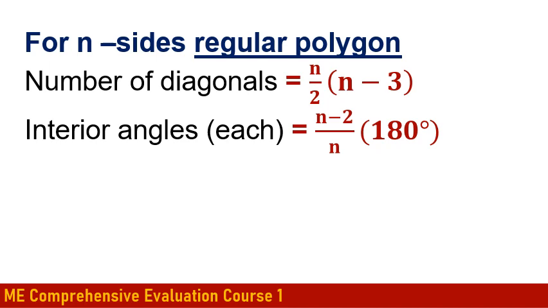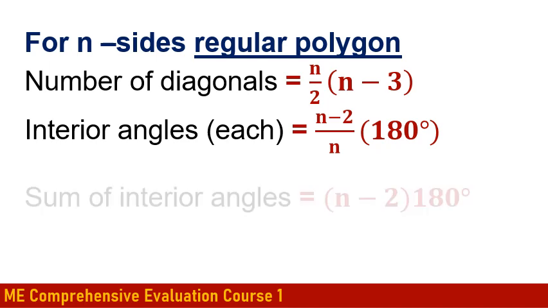Say for example, for a square again, when you substitute 4, we have 4 minus 2, so that is 2 divided by 4, so that is 1/2 multiplied by 180, so the result would be 90 degrees, meaning each interior angle of the square is 90 degrees. So that's how we can make sense of this formula here.